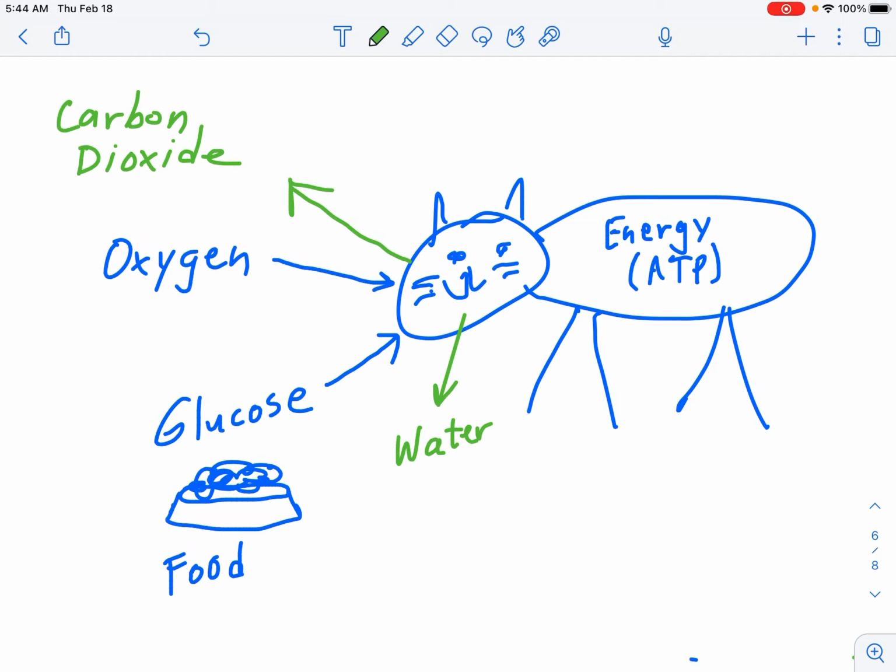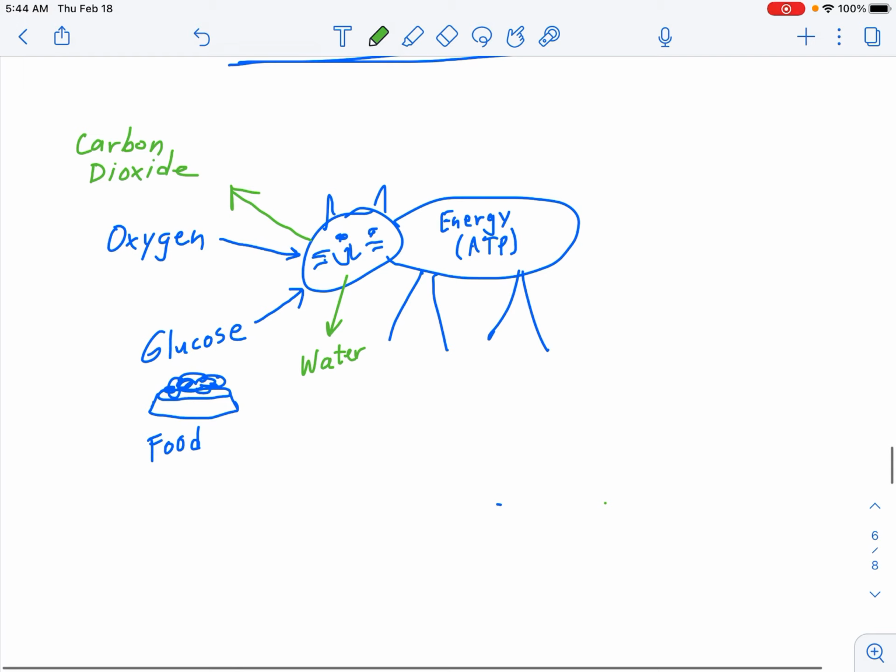And some of it is also gotten rid of through sweat, which is not necessarily part of this, but they do lose water through sweat and also going to the bathroom. But a lot of it is gotten rid of by simply exhaling. And so that's just like a simple visual breakdown of what's happening in cellular respiration.